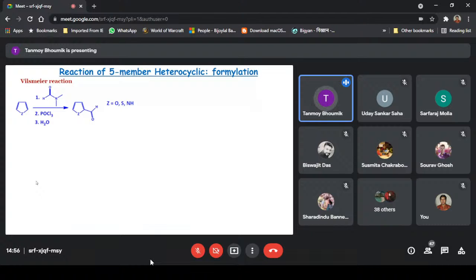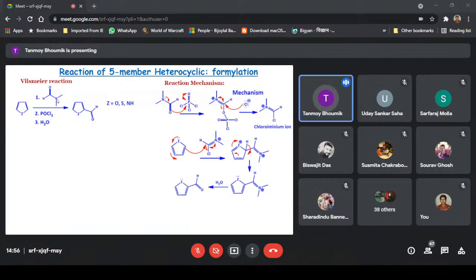Under DMF, PCl3 and H2O can immediately be the source of the formyl group. This is the source of the formyl group, and this formyl group is substituted at the ortho position with respect to any heteroatom like nitrogen, oxygen, and sulfur. It can be substituted at the alpha position. This reaction is the Vilsmeier reaction.